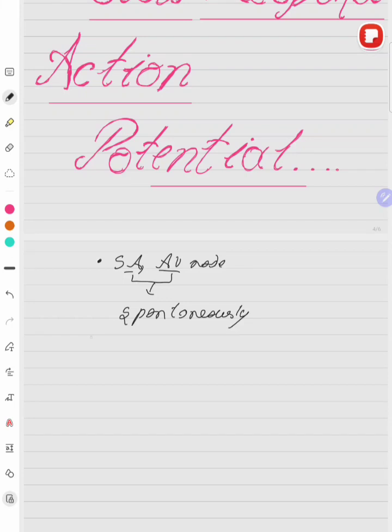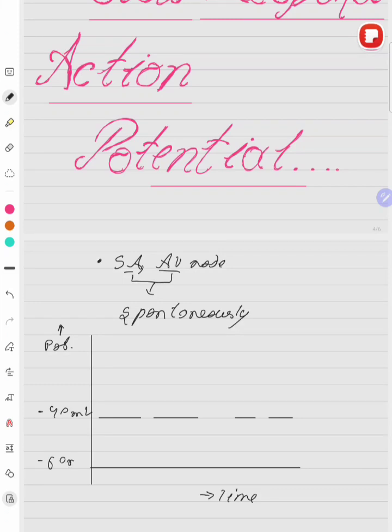Let's see the graph. This y-axis, let it define potential, and the x-axis, let this be for time. Here be minus 40 millivolt, here be minus 60 millivolt.